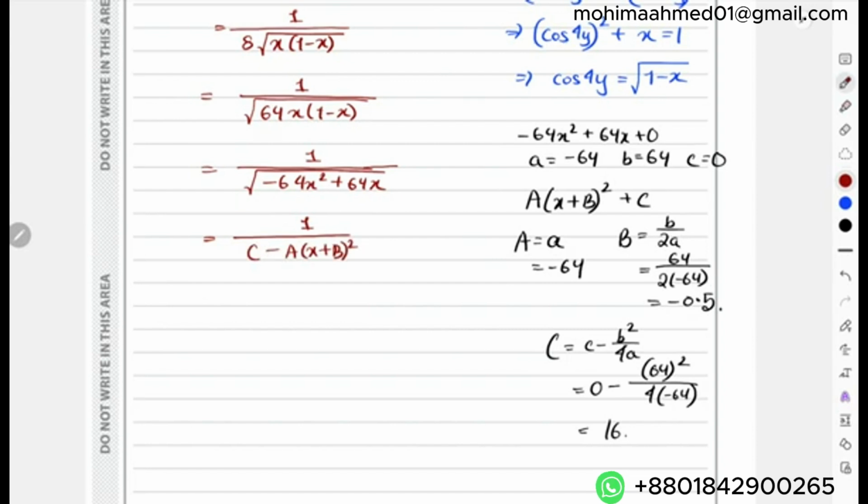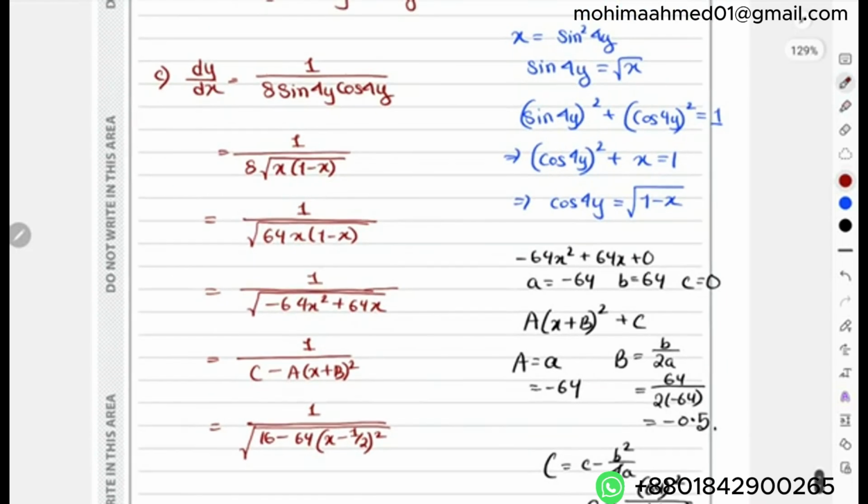This is the format they have kept their answers in. So I'll just write the answer as the value for your C was 16 minus 64 and then x minus half, right? That will be under a square because this is completing the square format, and everything under a root, right? So this is the final answer.